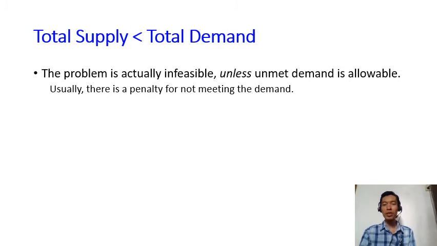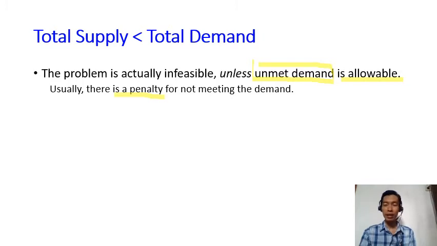So the problem is actually infeasible unless the unmet demand or the unsatisfied demand is allowable. Usually in this kind of problem, the demand is allowed to be unsatisfied, but there is a penalty for doing that or for not satisfying the demand.